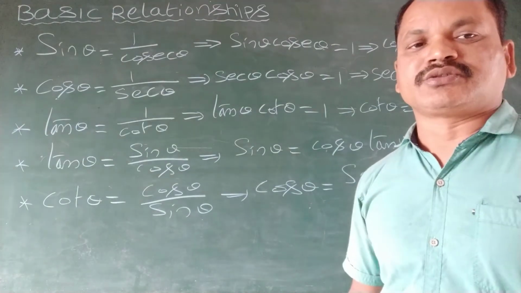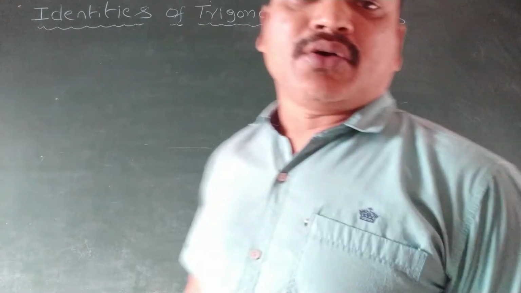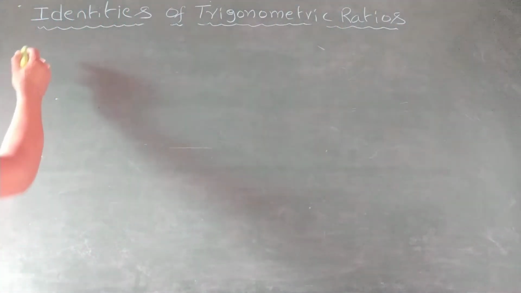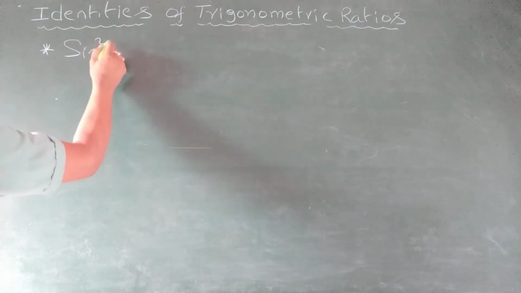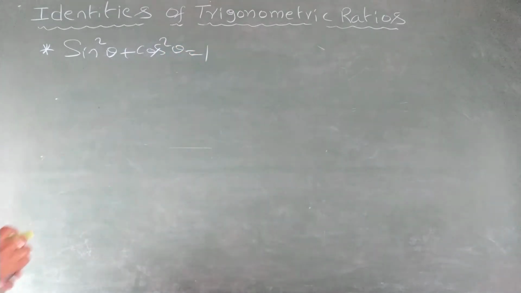Now we are going to identities. Identities of trigonometric ratios. The first identity is sin square theta plus cos square theta is equal to 1.